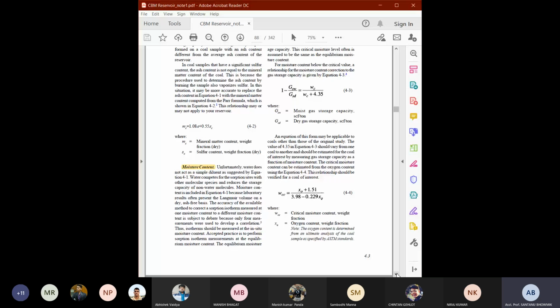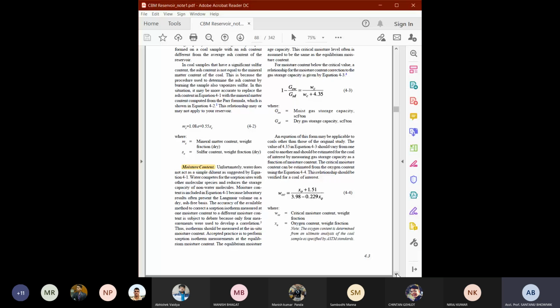Maybe in the earlier case, it had 6% or 10%, but as you have not wrapped the sample, you have taken it out to the surface, and some of the moisture is evaporated by the temperature increase or by the pressure release. Okay. So for that, you need to wrap the sample with bubble wrapper.